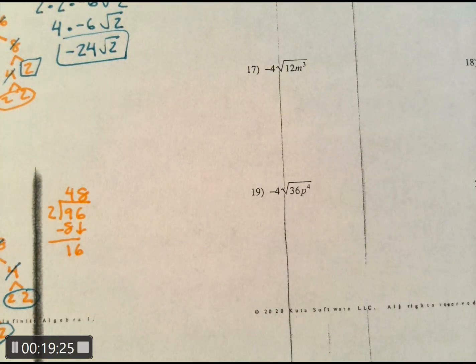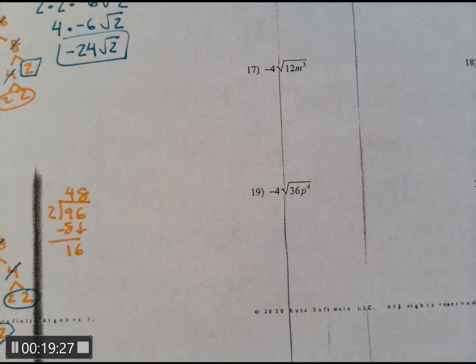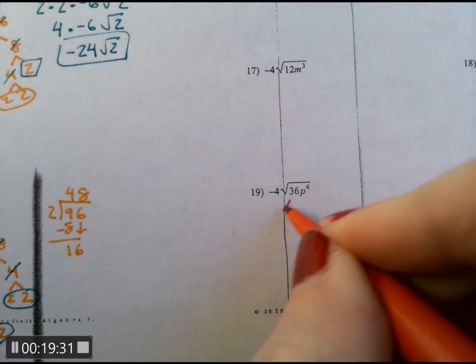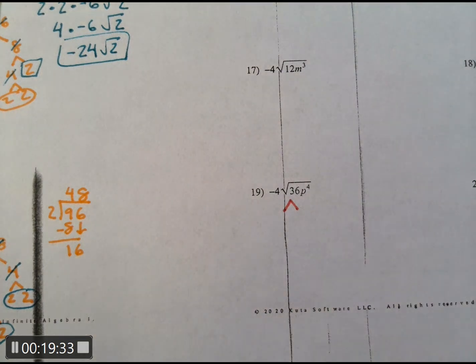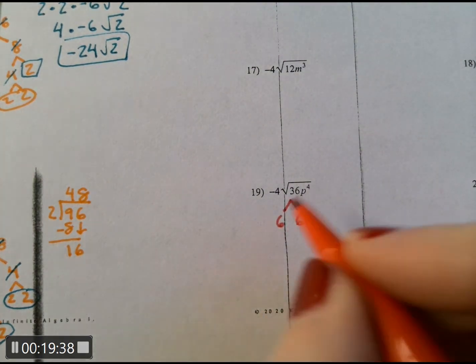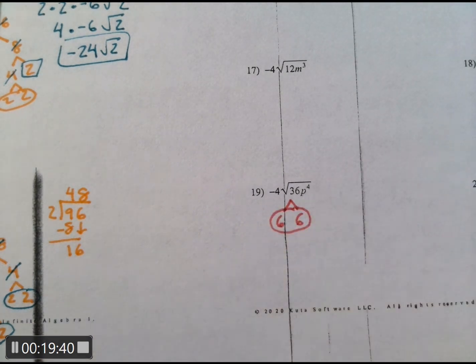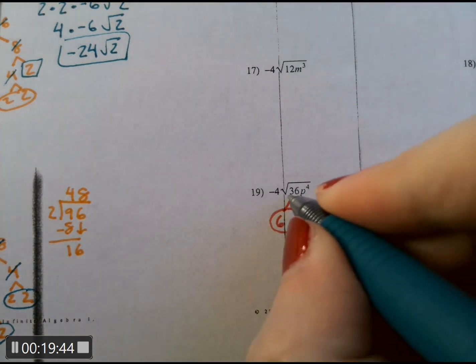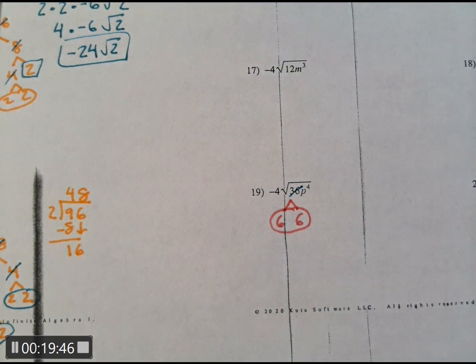Okay, so 19, find your factors of 36. And I know that my factors of 36 are actually 6 and 6, so that's kind of nice, because now we just have a pair of 6's, and we used up our 36.